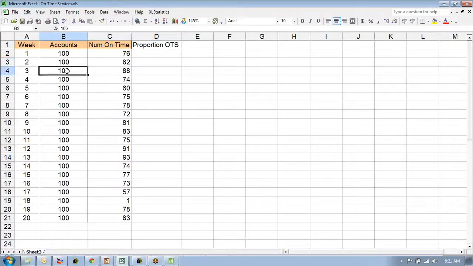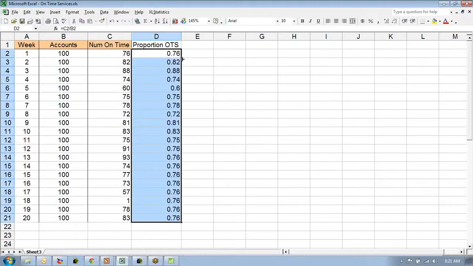Sometimes they pulled 100, sometimes they pulled 150, so we definitely would want to divide this by this to have a common ratio. But you get the whole point: each one of these 100 accounts is a binary. Yes, it was met. No, it wasn't. But in total, they make a numeric variable, which is kind of nice.